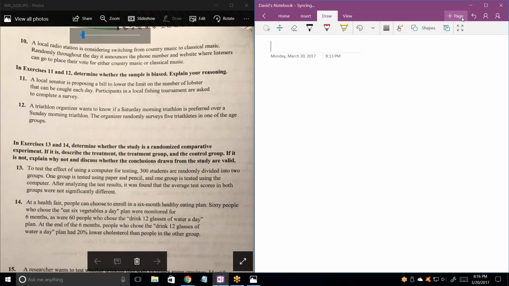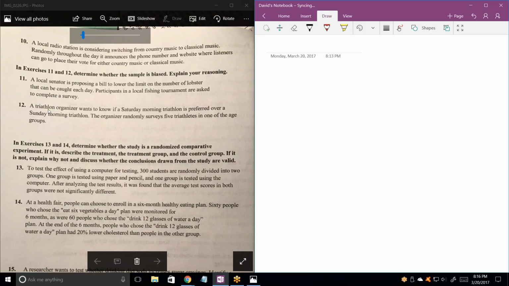their cholesterol levels. Because you don't know where they're, it says at the end of 6 months they had 20% lower cholesterol, but you don't know where it was in the first place. In other words, you don't know what it was relative to the veggie eaters before, at the beginning of the 6 months.